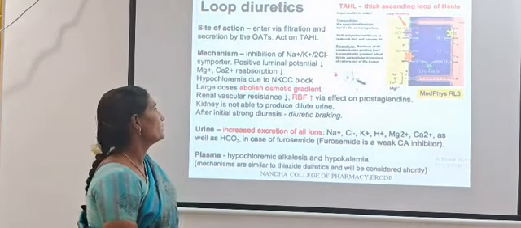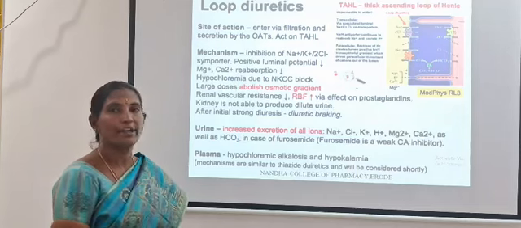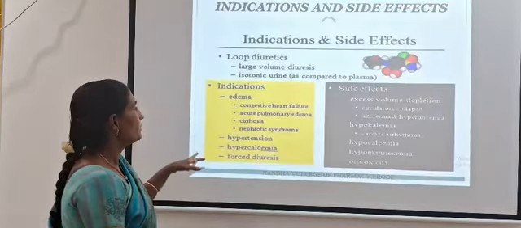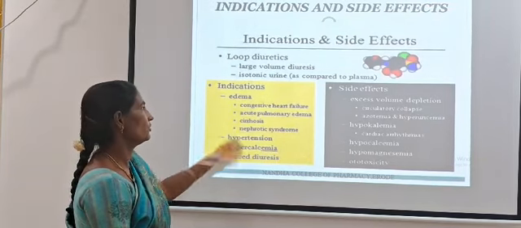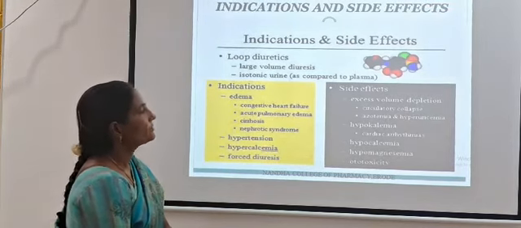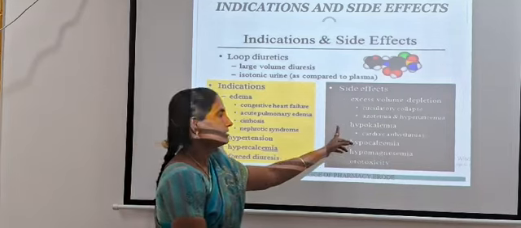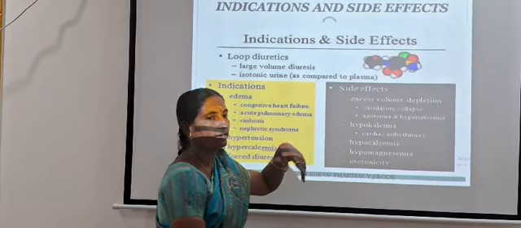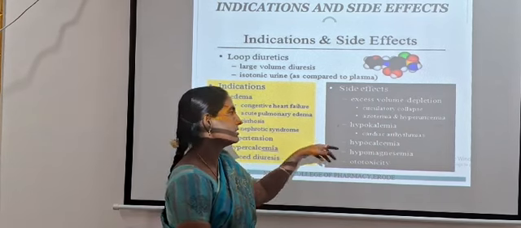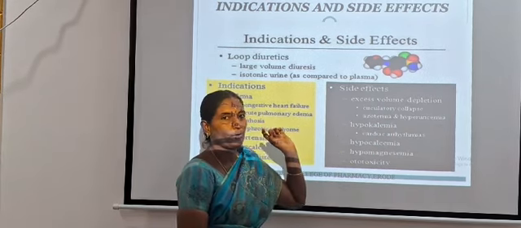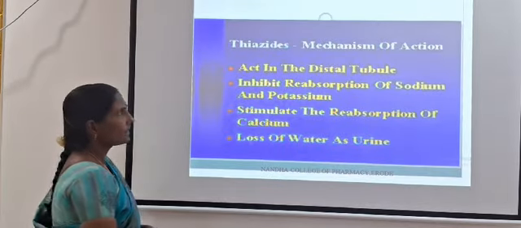It is used for congestive heart failure and pulmonary hypertension. The main side effect is hypokalemia. It is also a sulfur containing compound, so there is a high chance of hypersensitivity reaction.